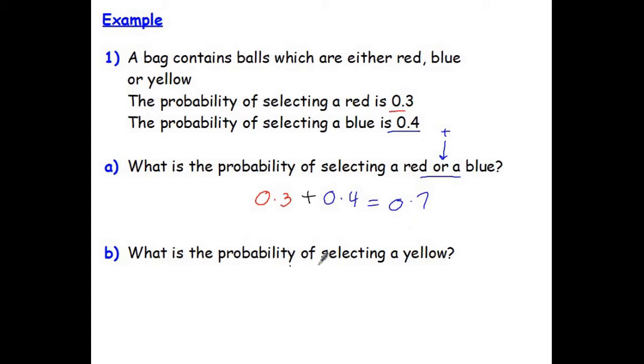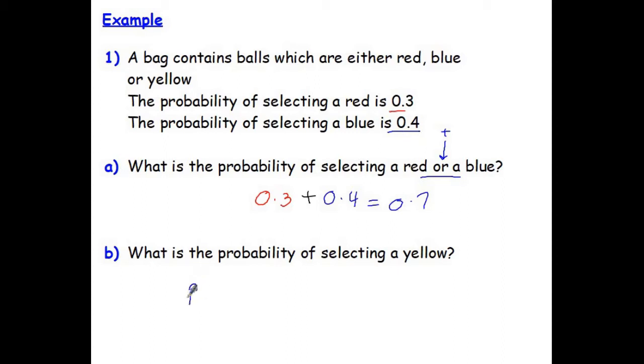Now, what is the probability of selecting a yellow? It doesn't actually tell us the probability, so we have to work that out. Going back to what we said earlier, all mutually exclusive events add up to 1, so all probabilities add up to 1.